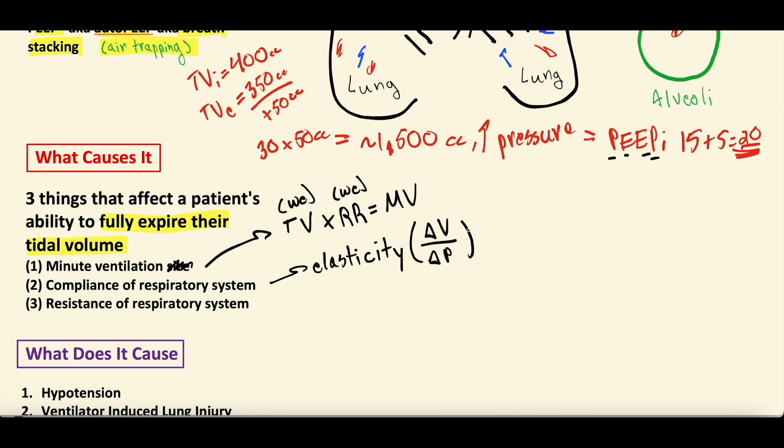Because it's the change in volume over the change in pressure. So if your lungs are more elastic, you can kind of think of a balloon, they're going to push out that air at a certain pace compared to less elastic. And the time it takes for them to breathe that air out is going to affect their expiratory time. And if their expiratory time is too long, that's when you start to get breaths that are stacking on top of each other.